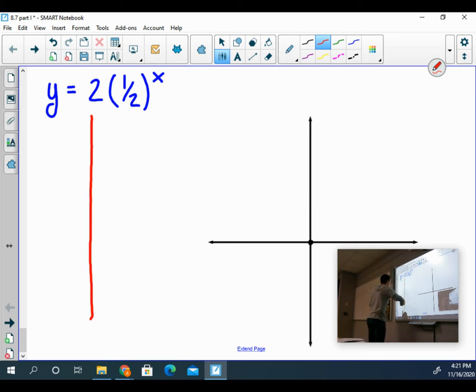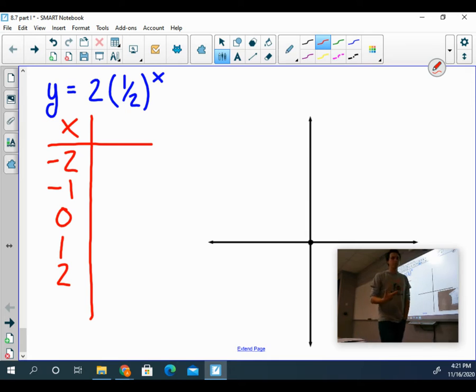And as I mentioned before, I will almost always exclusively use the following: -2, -1, 0, 1, and 2. They just give me a great picture of my data. When you do these, I don't care what values you use, but I would like you to use at least 5. Okay, you can see I'm using 5 here. Please use at least 5.